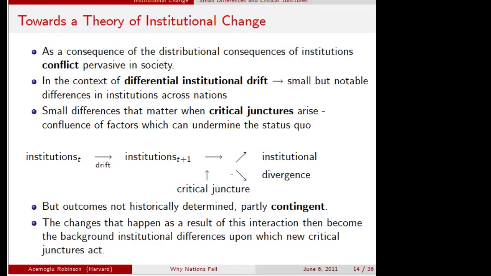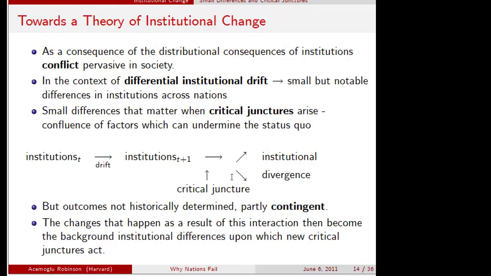It could be a revolution, a major war, a discovery of a new trade route, or some new technology that disrupts the existing economic arrangements. It could even be a financial crisis.